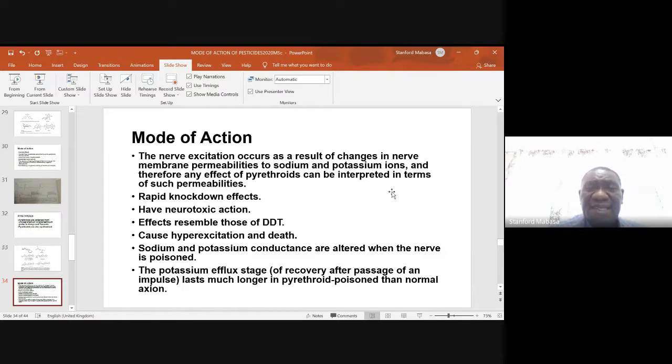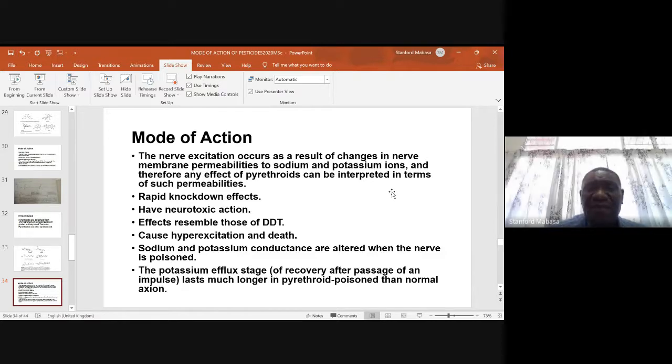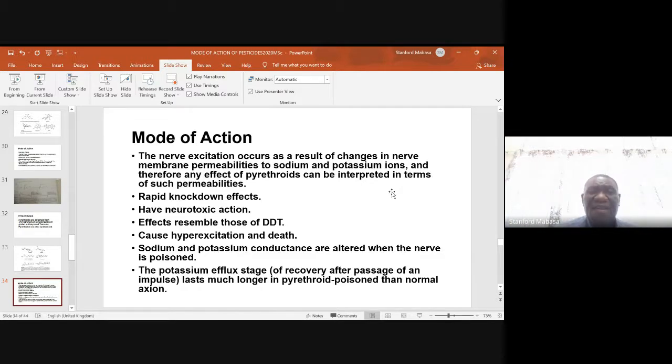And this can influence the movement of sodium and potassium ions. One of the most dramatic things which they cause is a rapid knockdown effect. They have a quick effect on the target insect.